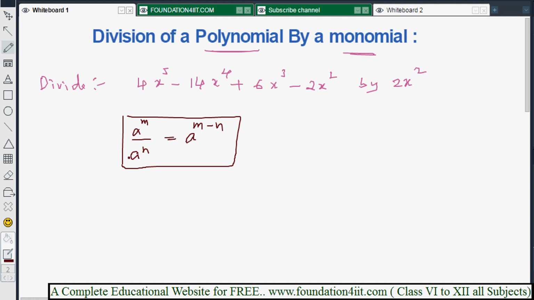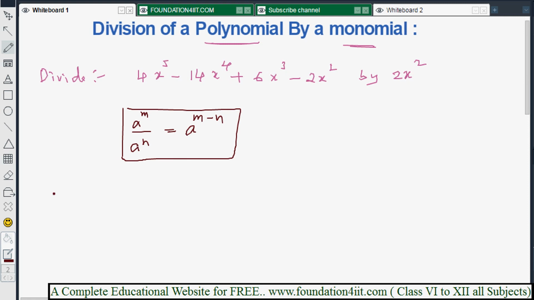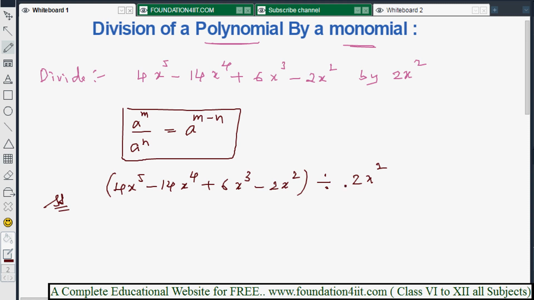So let us solve this now. The given question is 4x to the power 5 minus 14x to the power 4 plus 6x cube minus 2x square. This I need to divide by 2x square. Including the constant, we need to divide each and everything.